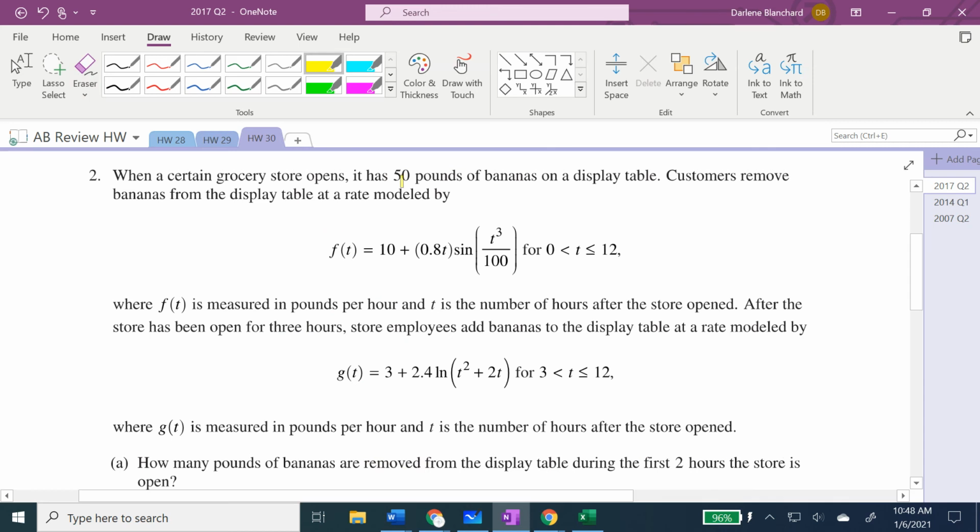When the grocery store opens, it has 50 pounds of bananas on the display table. That gives me a starting value. Now, the first thing that happens is customers are removing bananas at this rate, and this function is viable from t equals 0 to 12. I only need to find out from 0 to 8.